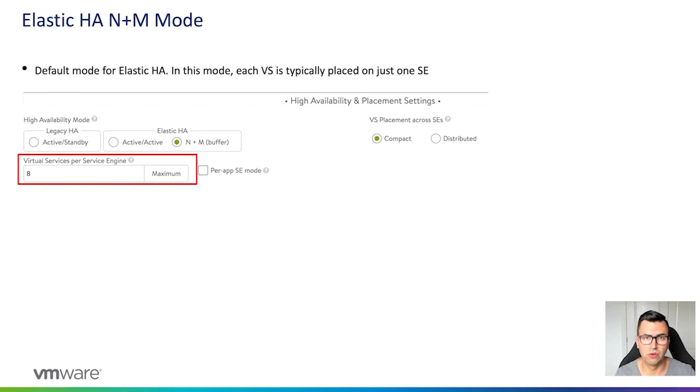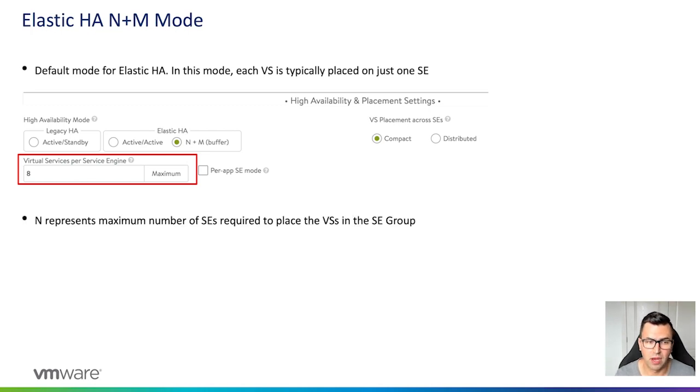According to a sizing exercise, you can determine the throughput and other performance metrics that one single SE can deliver, so you can decide how many virtual services you want to run per service engine. Now, in this N+M mode, N represents the maximum number of SEs required to place the VSs in the group.